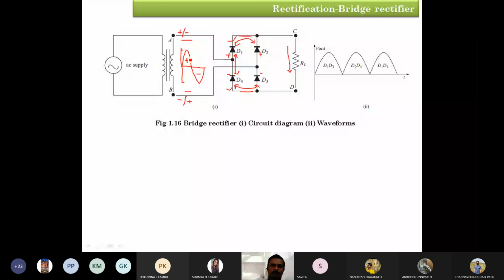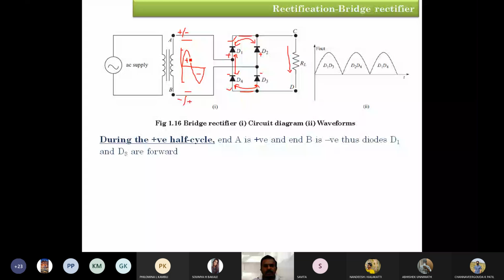For the negative cycle, which diode is going to conduct? That is the concept. During the positive half cycle, end A is positive and end B is negative. Thus, diodes D1 and D3 are in forward bias condition, and D2 and D4 are in reverse bias condition.